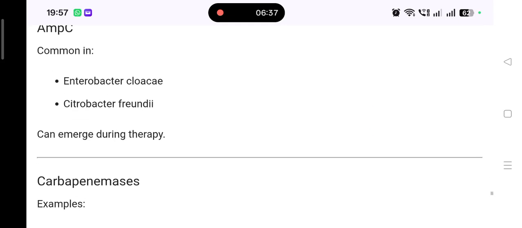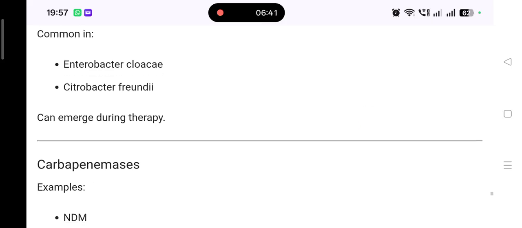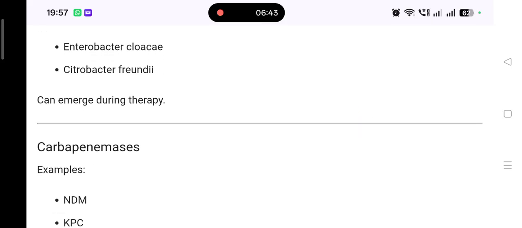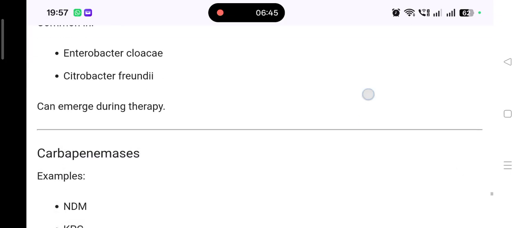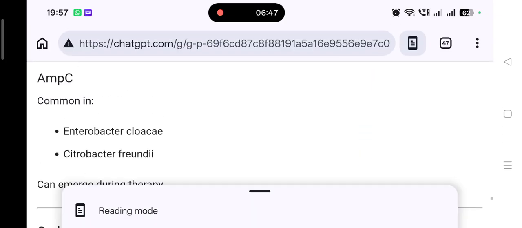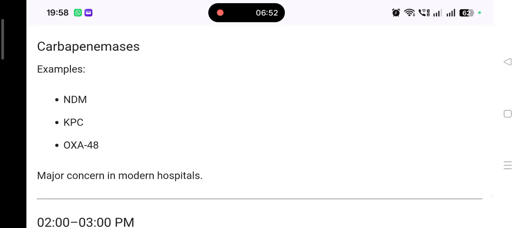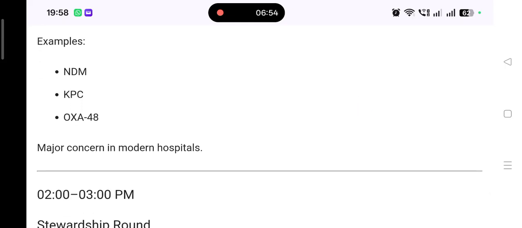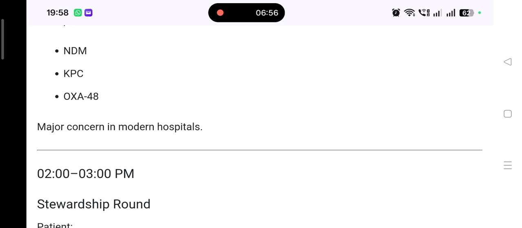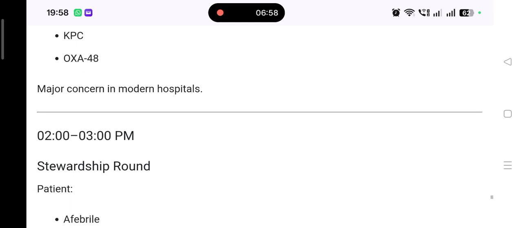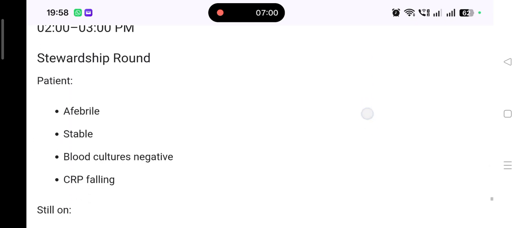AmpC is common in Enterobacter cloacae and Citrobacter freundii, and this resistance can emerge in these organisms during therapy. Carbapenemase examples are NDM, KPC and OXA-48. They are also a major concern in modern hospitals, so we should look for whether they are present or not.